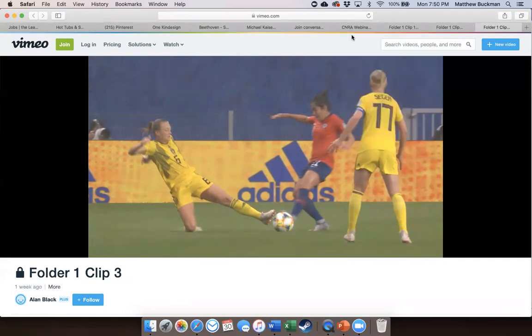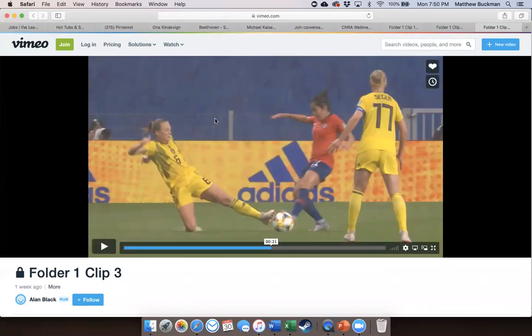And that's where we have to then analyze the nature of the challenge. So we have a straight leg lunging or reaching for the ball with the studs exposed. The ball is absolutely in playing distance, but unfortunately for this player in yellow, the player in red is also in playing distance.